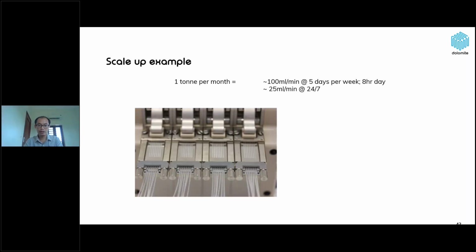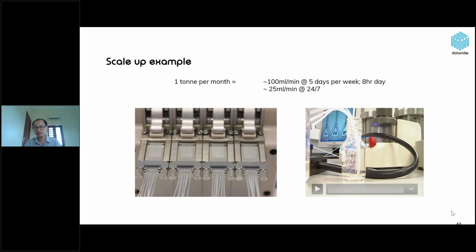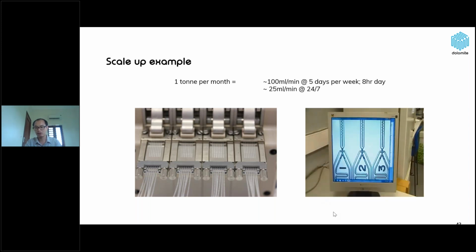So here is one example of making PLGA microparticles using the Taylor system with 5 chips working together. For this system, you can see in this video from our customer side.